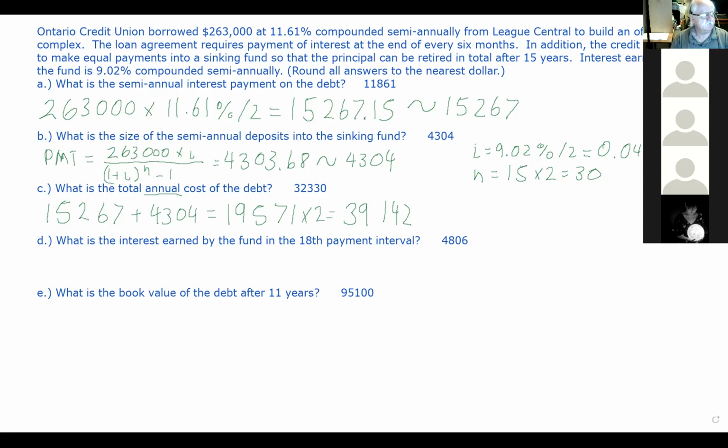So we've got to start by finding out what the fund, not the book value, is worth in the 17th.